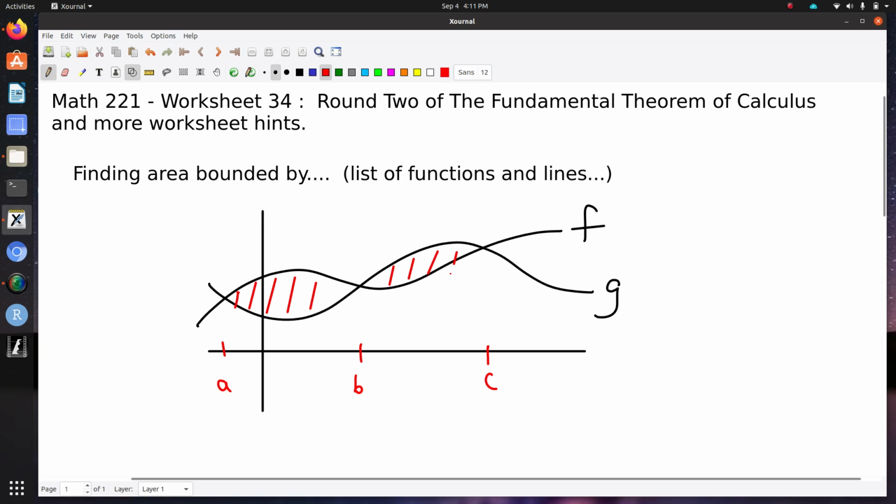You have to find the crossings, and then you integrate f minus g from A to B. And then, for example, from B to C, you can just flip that. So g minus f, and so on and so forth.